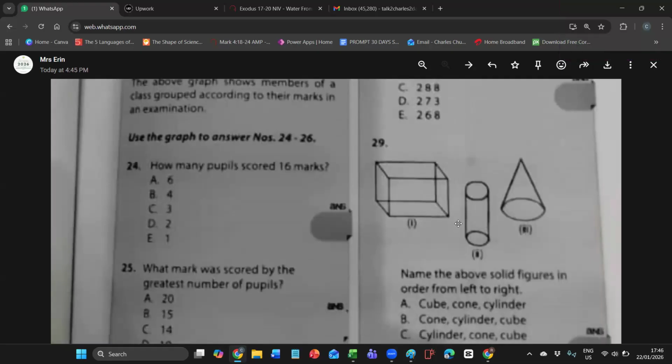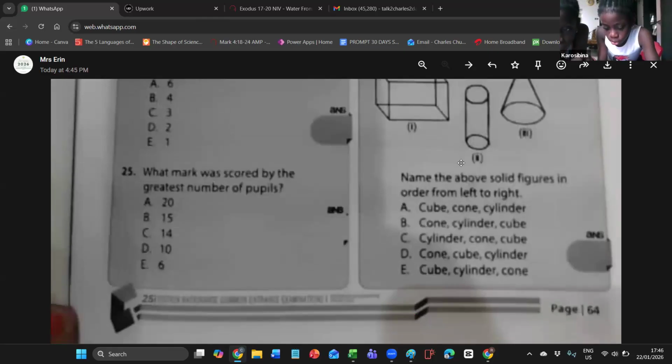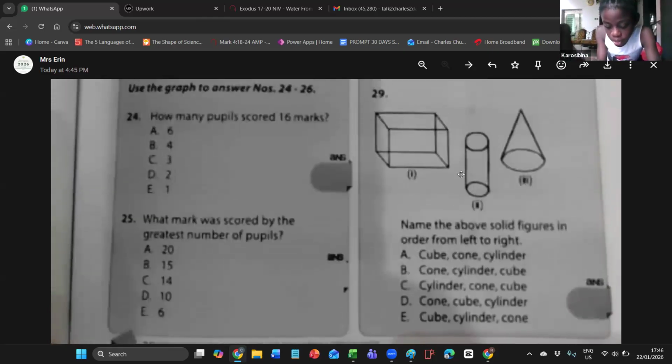Sir, since we started the mental math class, we have not been doing English. Yes, it's true. If we do English, we will not... Do you agree that you need more help in maths than in English?